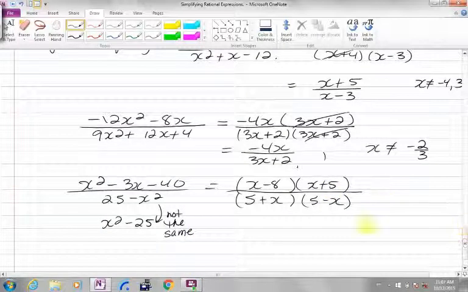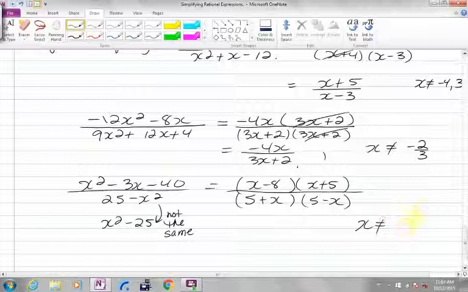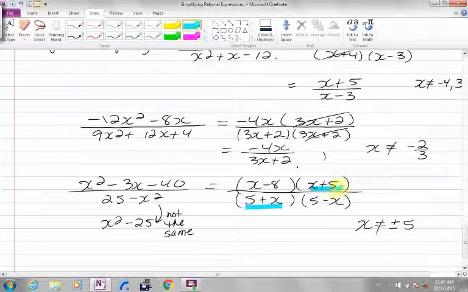What are my non-permissible values? Dustin? X cannot equal 5 or -5. Right, so we can just write that as plus or minus 5, as we've done in the past. We don't have to write them separately. And now, is 5 plus x and x plus 5 the same? Is that the same number, even though the order is different?